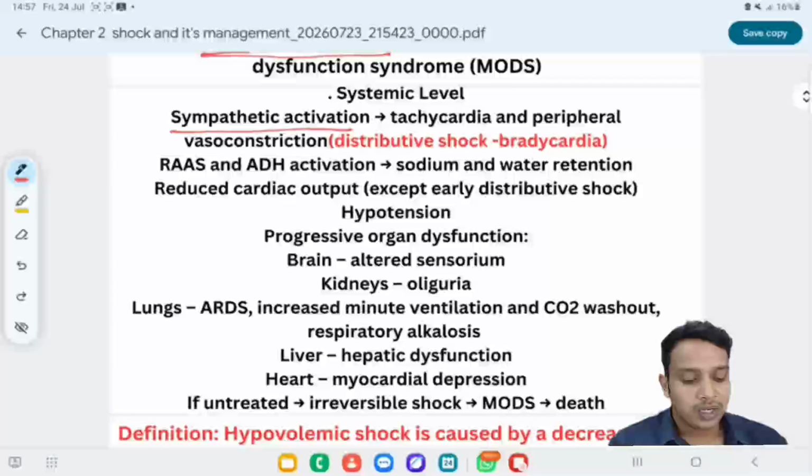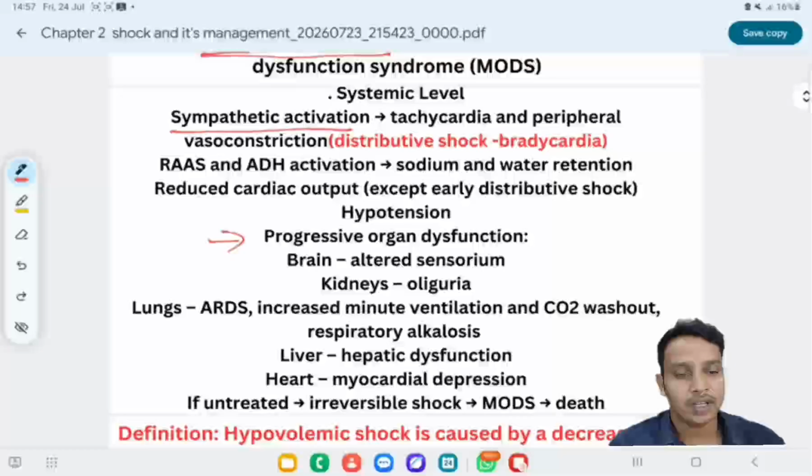And whenever there is a severe vasoconstriction, there happens progressive organ dysfunction. Suppose there is a severe vasoconstriction in brain, there is an altered sensorium and coma will happen. Whenever the same happens with the kidney, there is oliguria and AKI sets in. Whenever it happens with our lungs, there is acute respiratory distress syndrome, leading to increase in the minute ventilation.